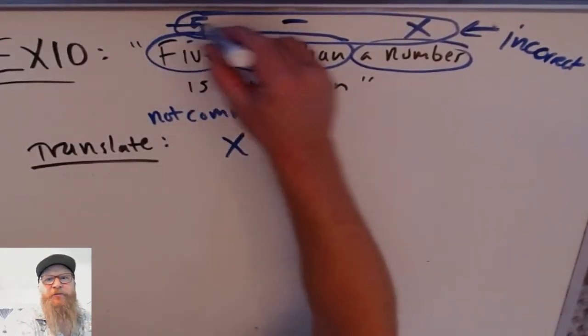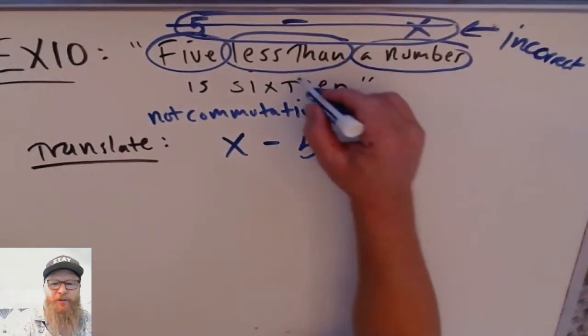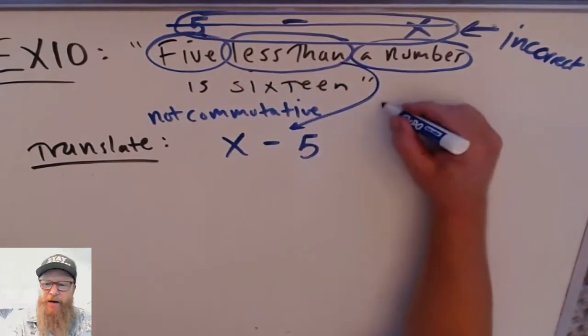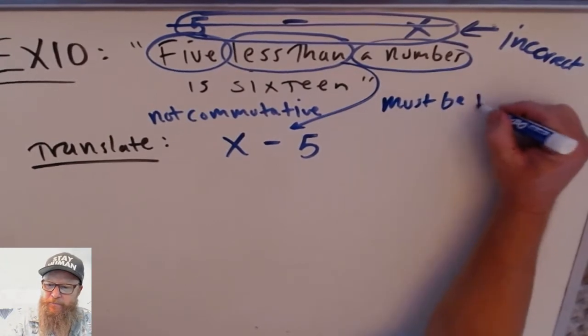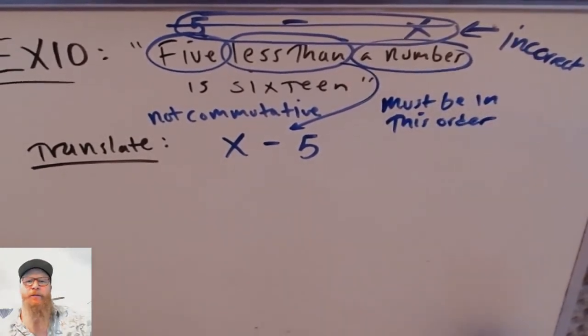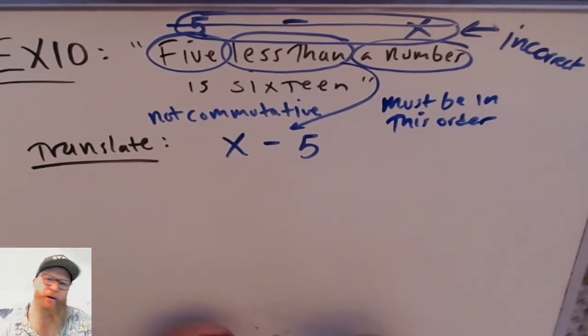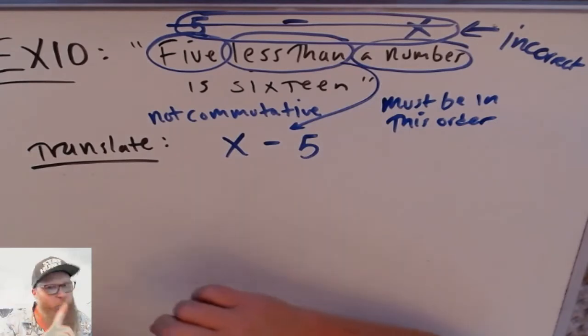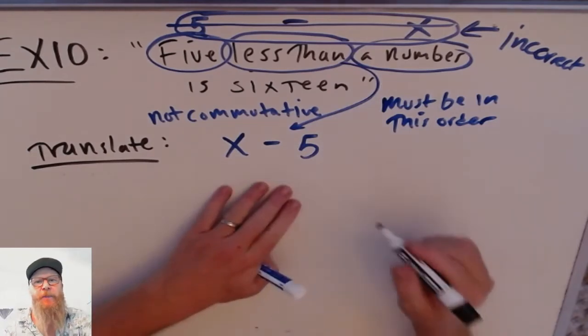So don't do 5 minus x. You must do x minus 5. All right, must be in this order. So there are no tomatoes and tomatoes when you're talking about subtraction. Subtraction, there's only one way to do it correctly. So it must be x minus 5.